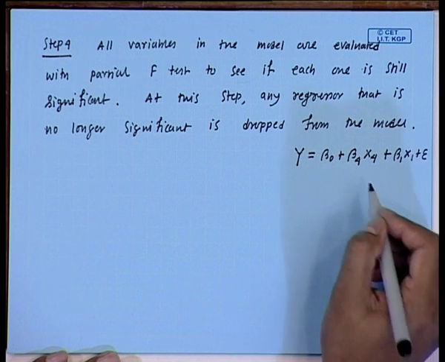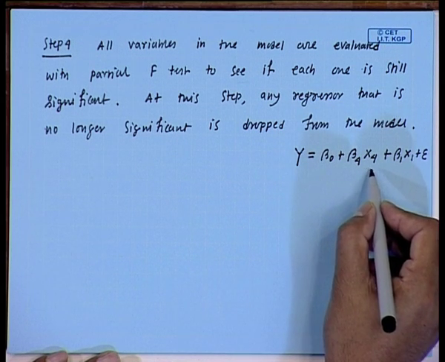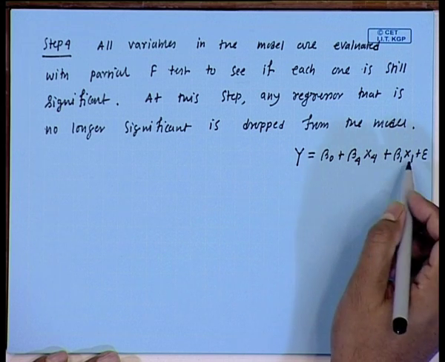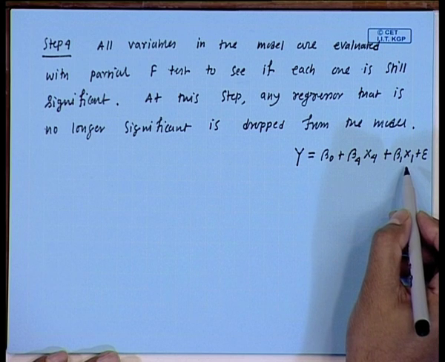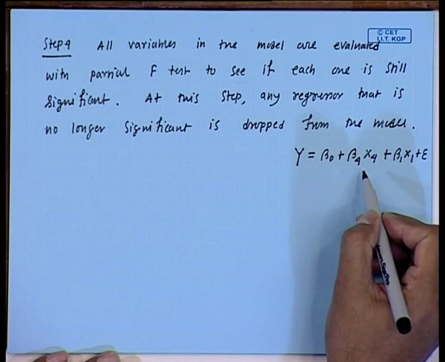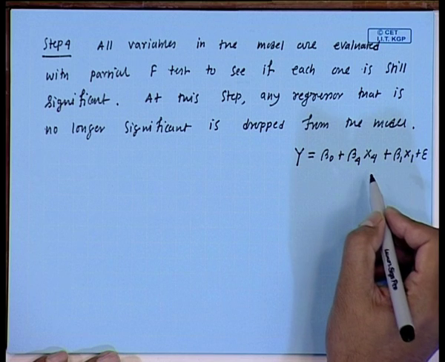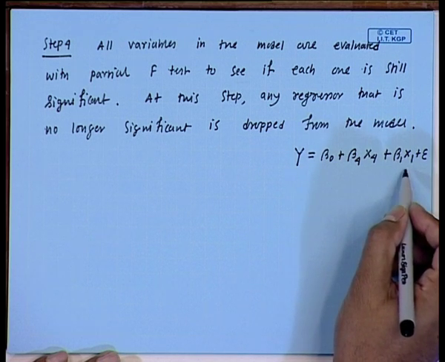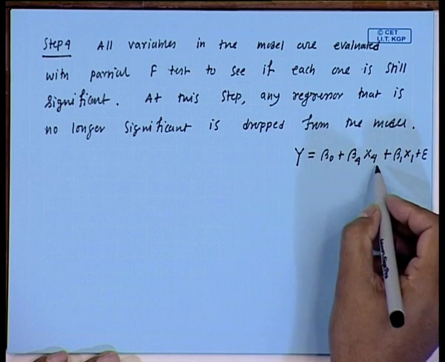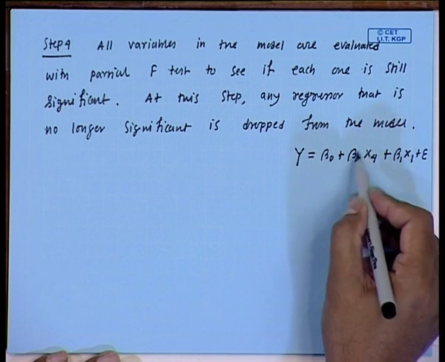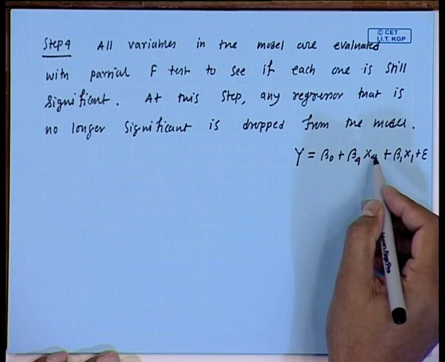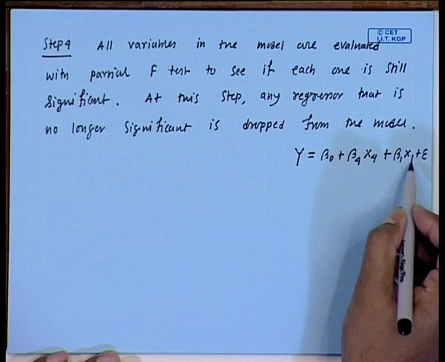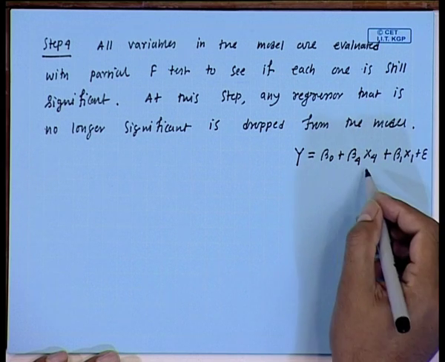Of course, x 1 is the last added regressor, so it is significant in the presence of x 4. Now we need to check whether x 4 is significant in the presence of x 1. This is the difference. It might be the case that x 4 was significant alone at the first step, but in the presence of x 1, x 4 might not be significant.